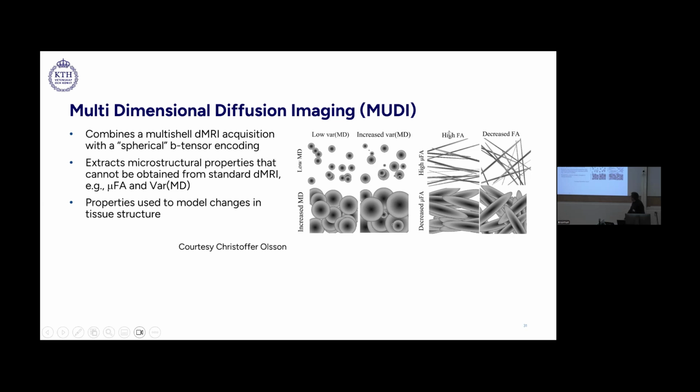And this is the same for FA. If you have high FA and high micro FA, then you have this configuration. And here, since you have fibers in different orientations, the FA will go down, but not the micro FA, which is a good thing. And then the same thing for low FA. Good.